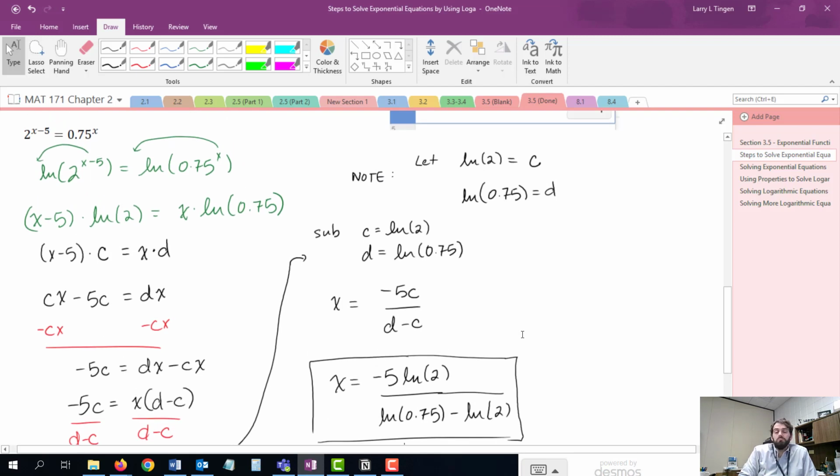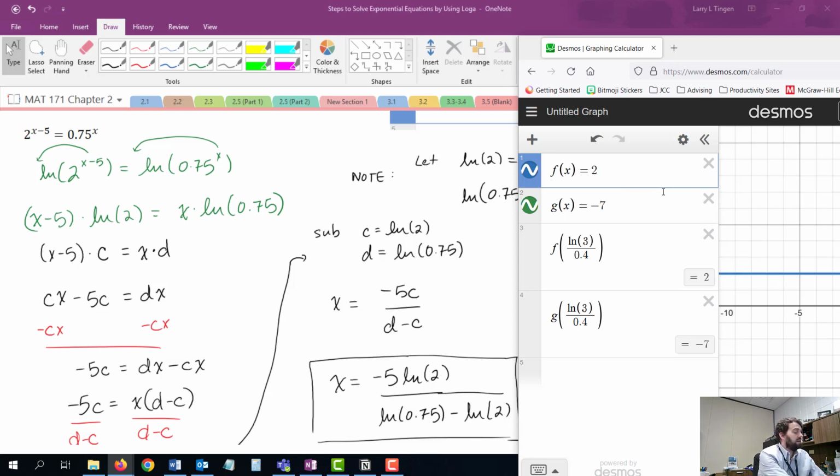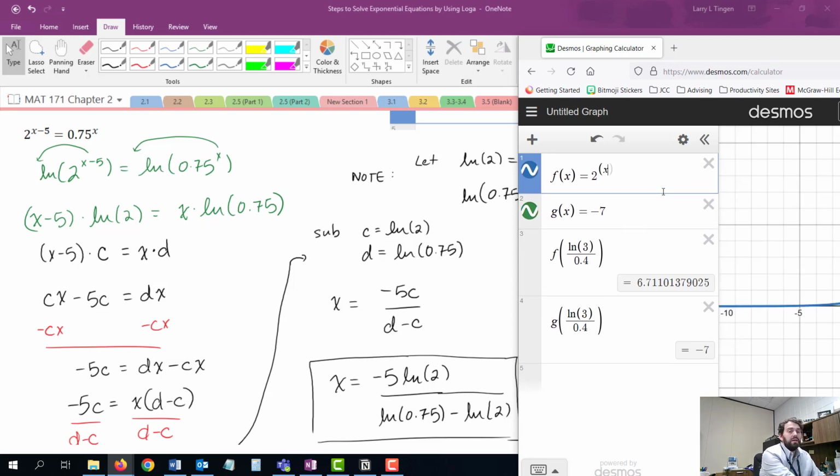All right, so there's my solution. Does it work? Again, this is where Desmos is going to help. So left-hand side, 2 raised to the x minus 5.